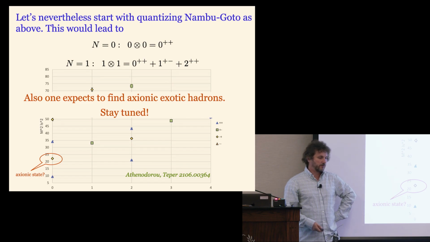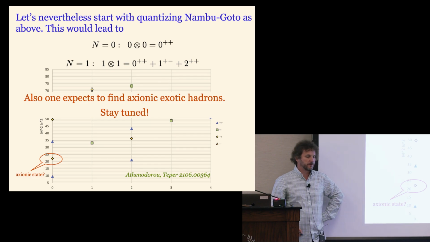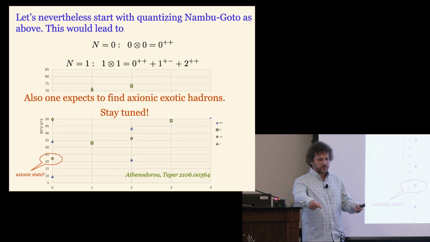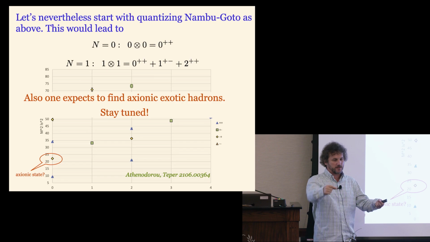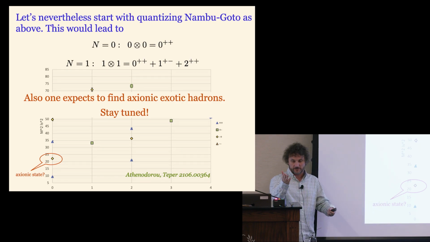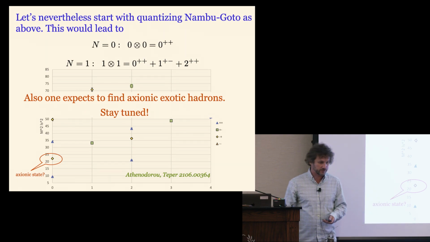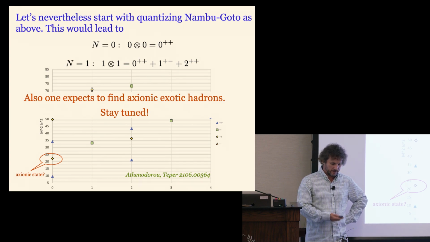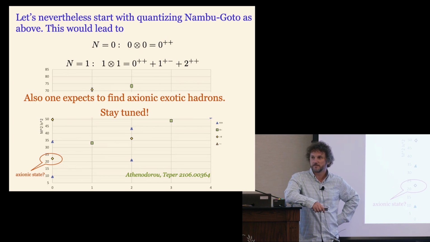But for open strings, there is a prediction which we're working out now in detail: if you have a Regge trajectory of some meson, there will be additional Regge trajectories obtained by adding this massive excitation on the worldsheet. This effective field theory technique allows us to predict these Regge trajectories, which would be predictions for specific exotic hadrons. So stay tuned for that calculation, but let me stop here, and thank you.